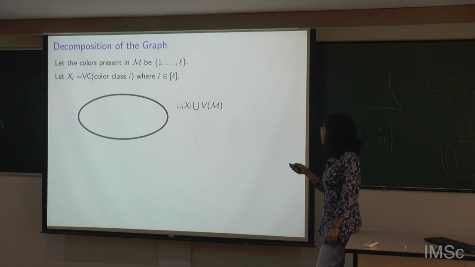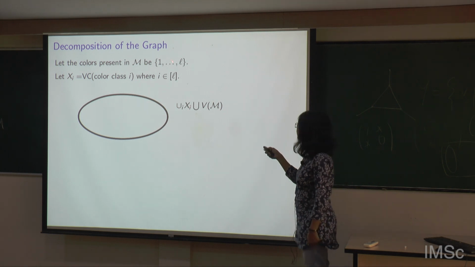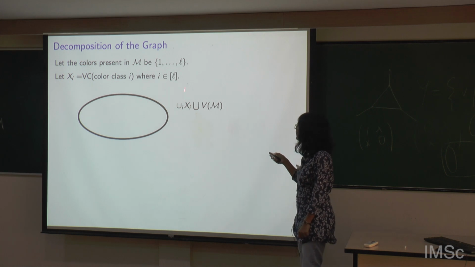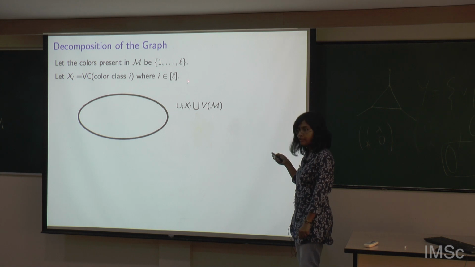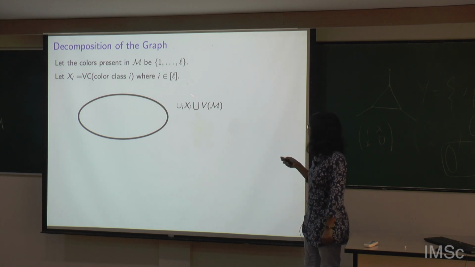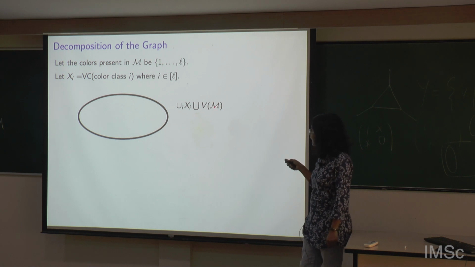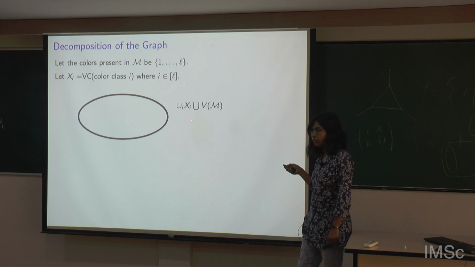Is that clear? This set, the union of the Xi, is the vertex cover for the edges of color 1 to L, where i goes from 1 to L, and the vertex set of M covers every other edge. So this gives me a vertex cover of the graph.